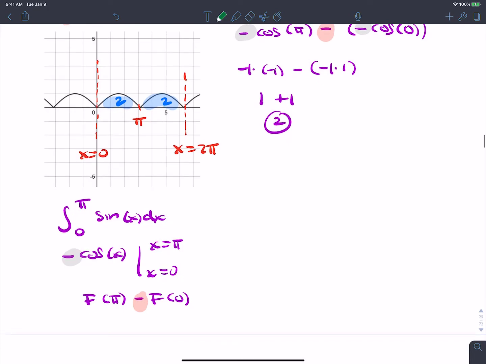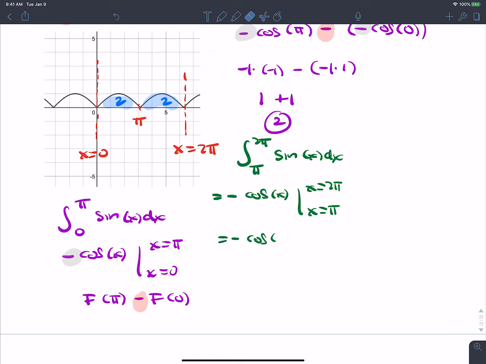Green, let's do the same. Pi to 2 pi, sine, minus cosine, evaluate this from x is pi to x is 2 pi, which is minus cosine. Let's do all the same procedures.